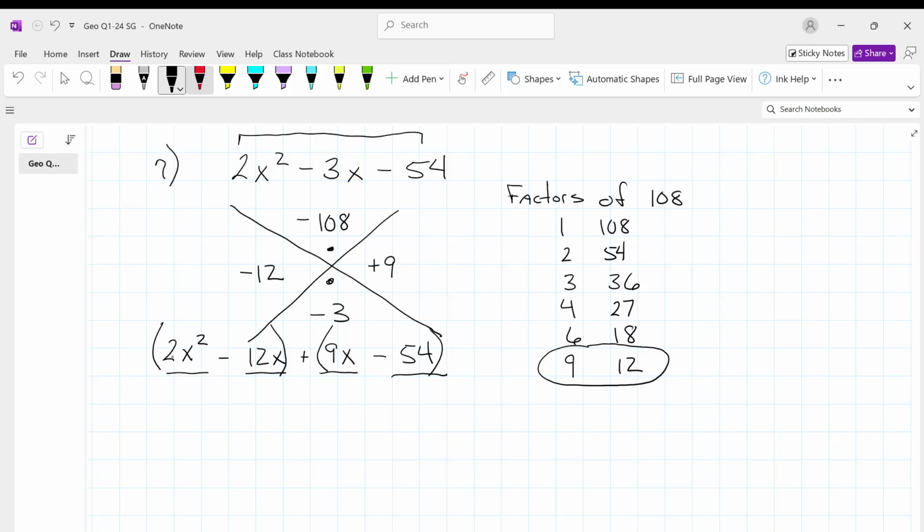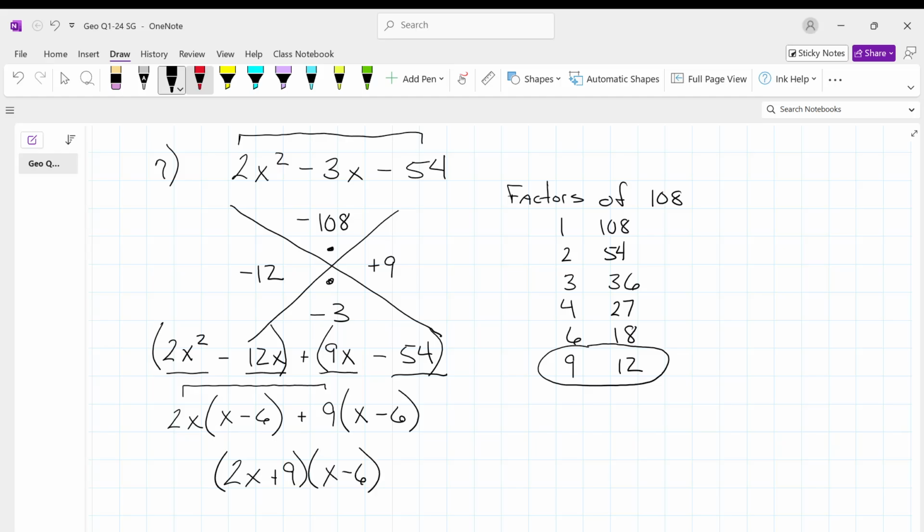The greatest common factor of 2x squared and 12x is 2x, and then we got x minus 6. The greatest common factor of 9x and 54 is 9, and that would be x minus 6 again. So in factored form, we got the 2x plus 9 times x minus 6.